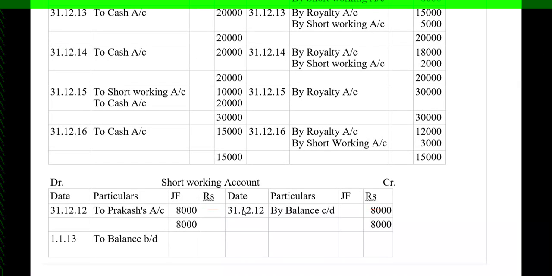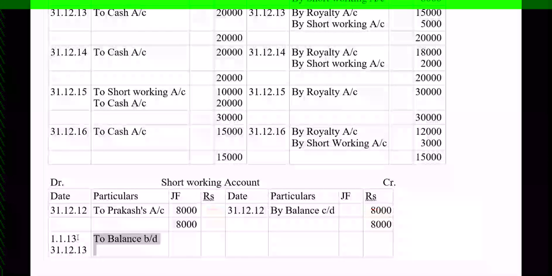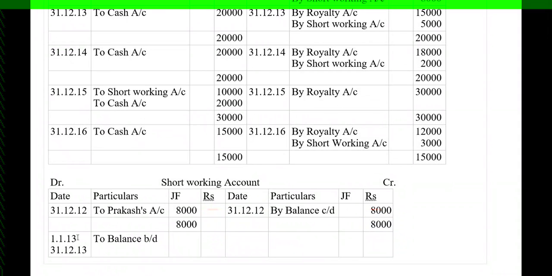Then the next one here on 31st/12/2013, again there is short working. So when there is short working, short working account debit to Prakash's account. Prakash's account. So the opening balance brought down here is 8,000.